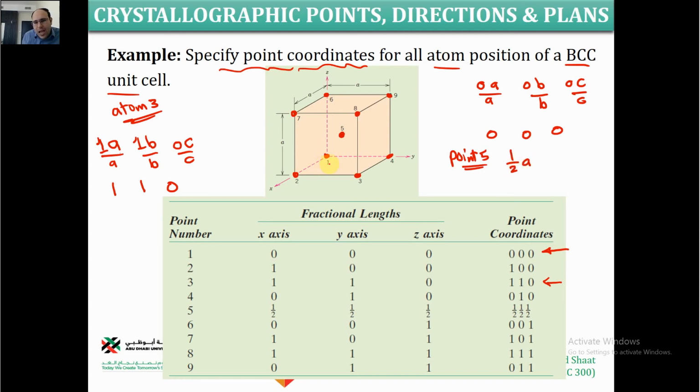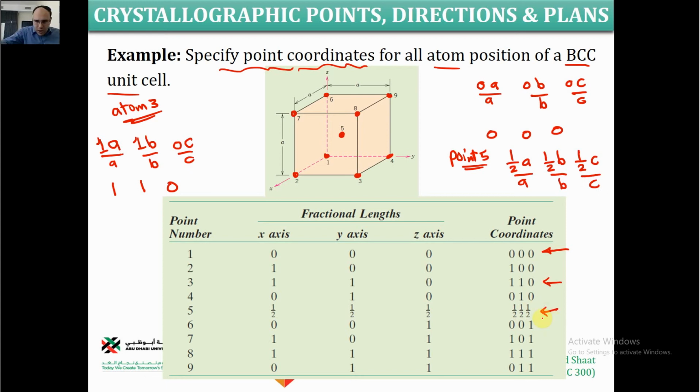Then you're gonna move half of the B, which is parallel to Y. And then you're gonna jump up parallel to Z, but you're gonna move half of the C, half of the height, till you reach point 5, because atom 5 is located in the middle, in the core of this cubic shape. So you're gonna move half along X, half along Y, half along Z. Then if you divide by A, by B, by C, this is gonna give us half, half, half.